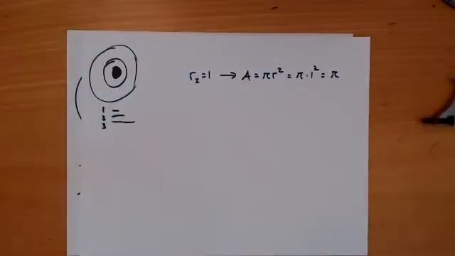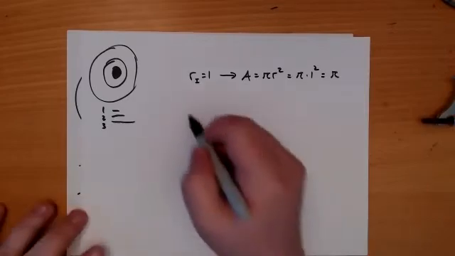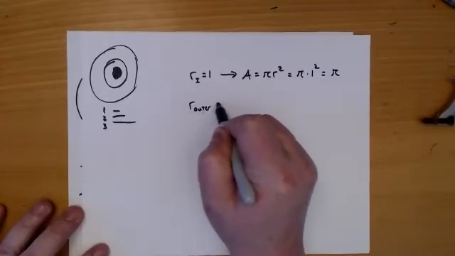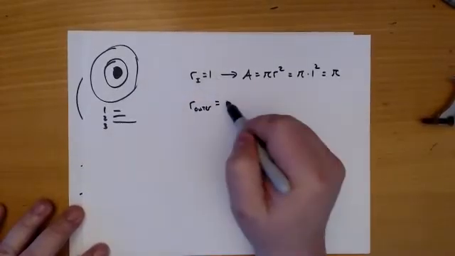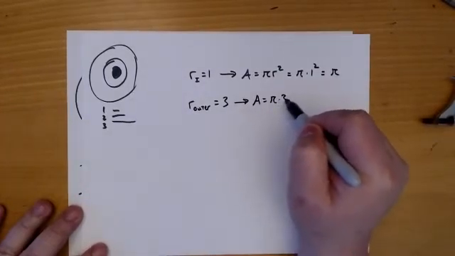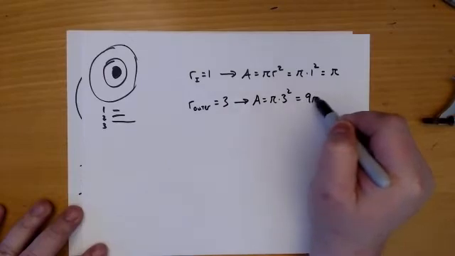How do we find that percentage? You take the area of the third circle and then divide. Okay, so the radius of the outer circle is 3. So the area is pi times 3 squared, which is 9 pi.